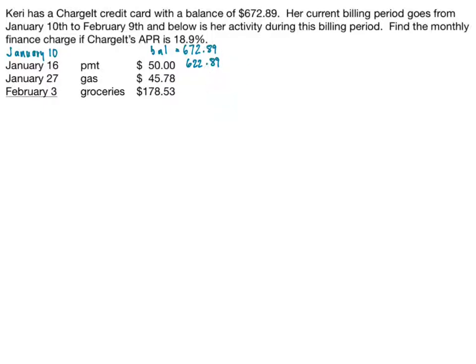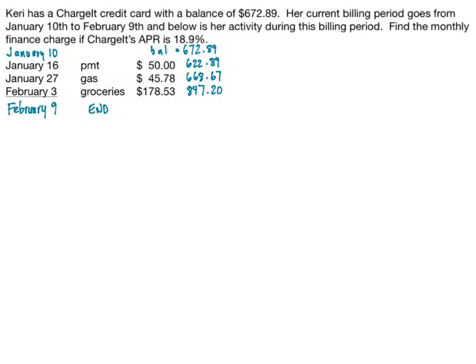I need to now add $45.78, so that's going to give me $668.67. And finally, add in her last purchase of $178.53. That gives me a balance of $847.20. And let's also put in the last date of her billing period of February 9th. So here's our February 9th. This is the ending of her billing period.